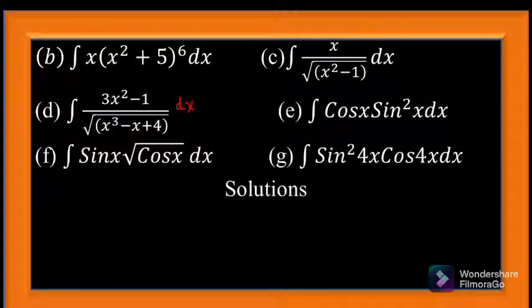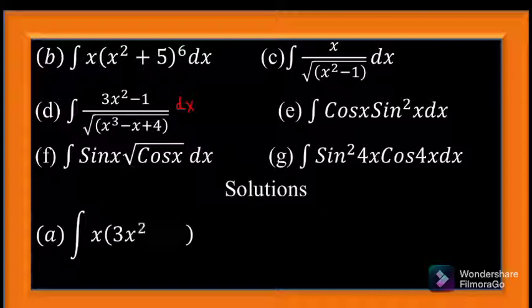Now we shall realize something very common about all these integrals. Let's look at part A. We have x into brackets 3x squared plus 2 power 4 with respect to x. When you look at this function, it is a product of two functions, but we must appreciate the fact that when you differentiate whatever is within this bracket, that is 3x squared plus 2, you're going to come up with 6x.